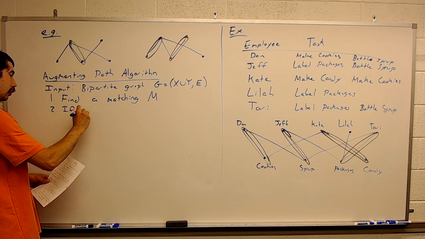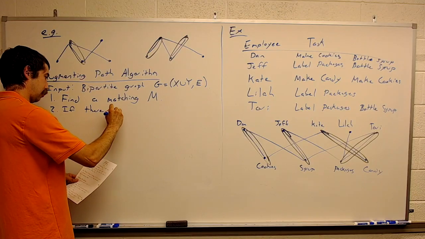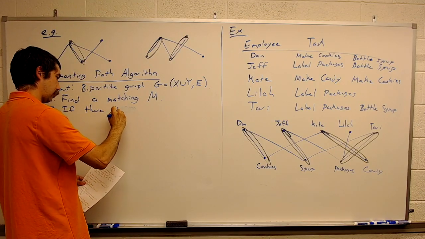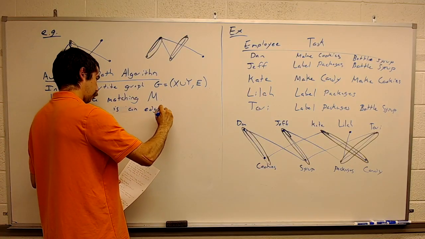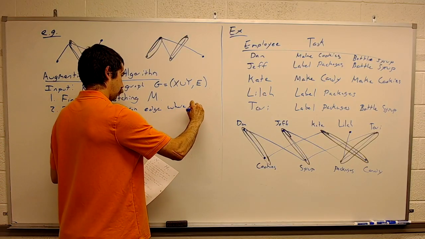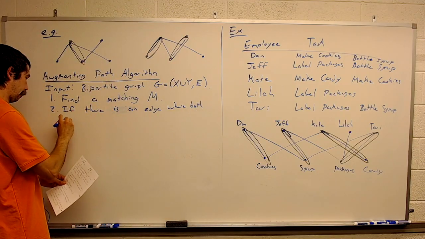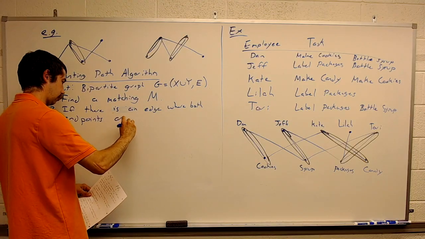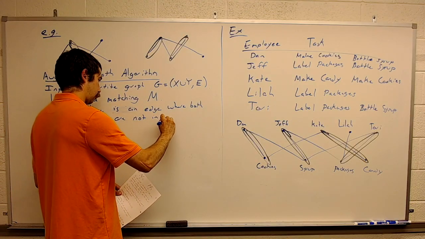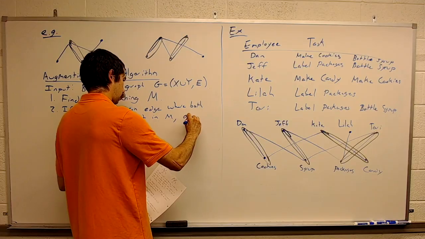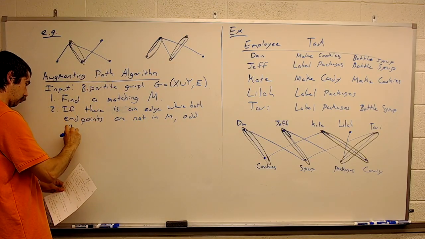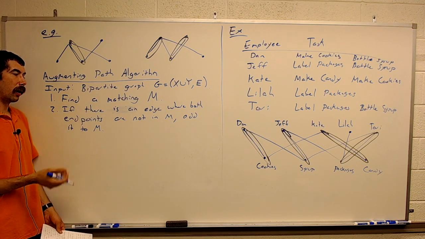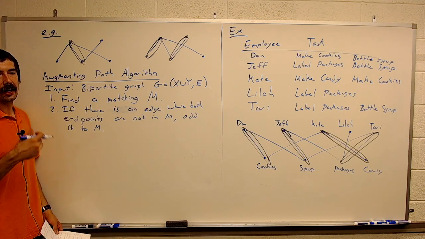So if there's an edge where both endpoints are not in our matching, include it in our matching.